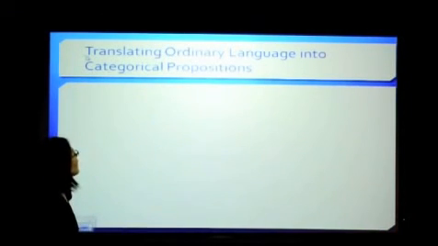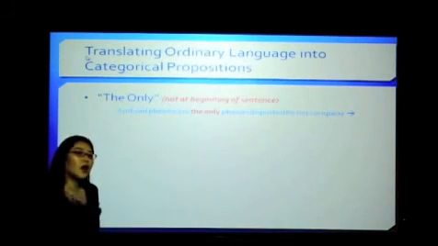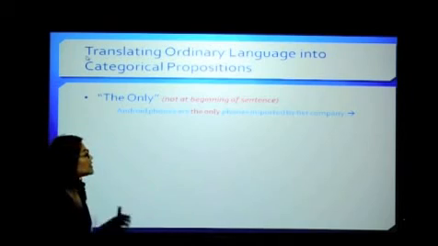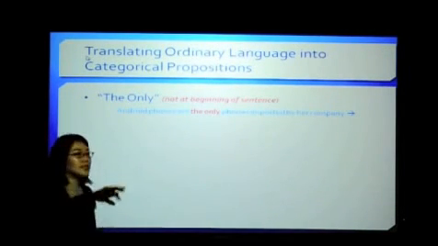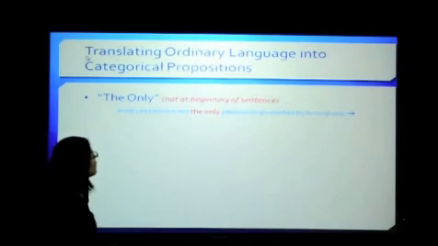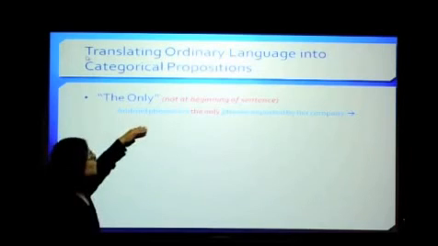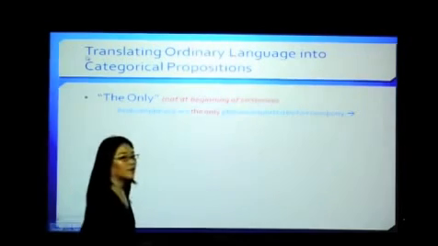Now, you can also have a case where the phrase the only is used inside the statement itself. This is different from what we had before, where only was at the beginning of the statement. Here is the example: Android phones are the only phones imported by her company.